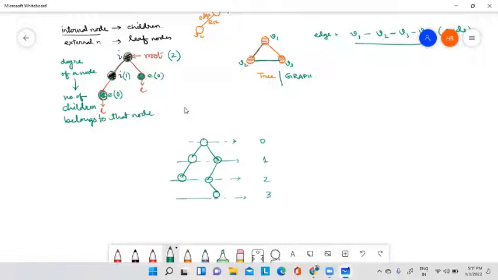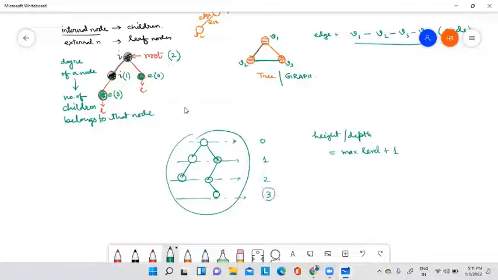Then what is the height, or sometimes called depth? You remember, depth or height is maximum level plus 1. For this particular tree, the maximum level is 3, so its height is 3 plus 1, that is 4.